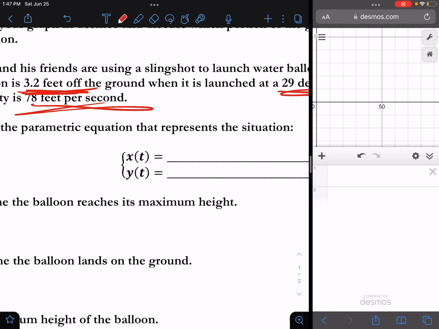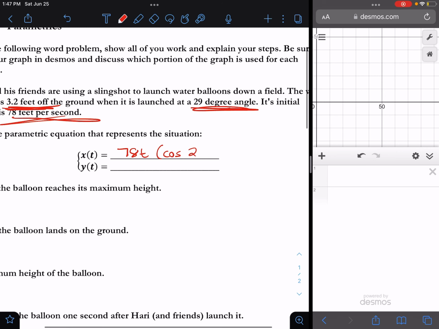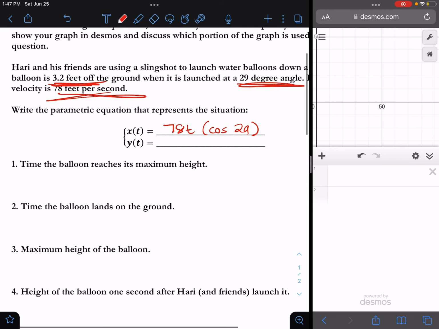So we use the equation: the velocity, which is 78, times t, times the cosine of our angle, 29. Then we have our second equation, which is negative 1/2 of our velocity, 39.